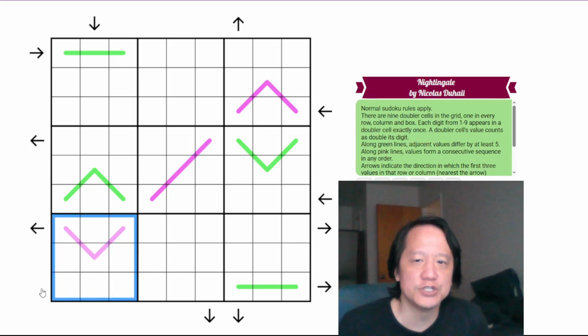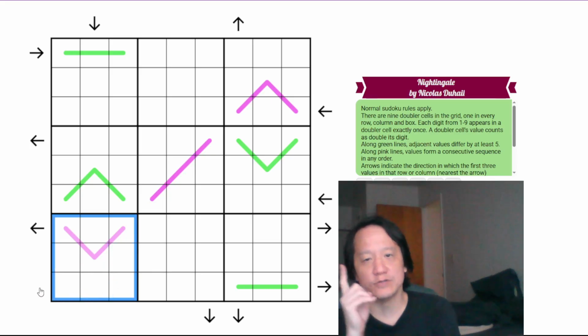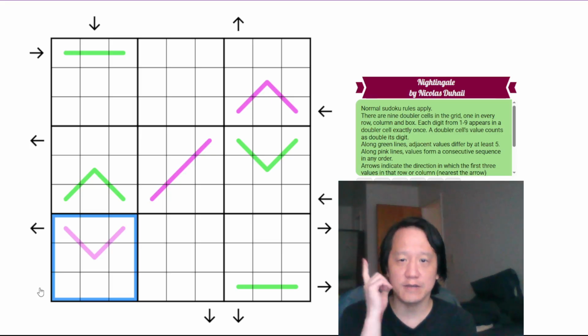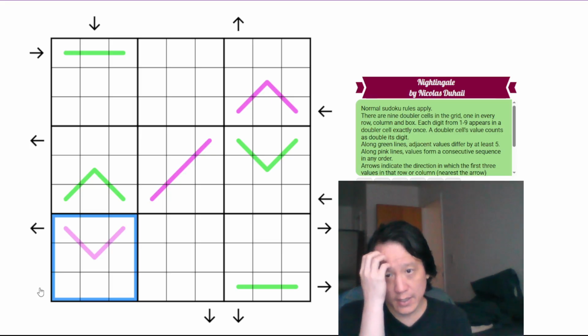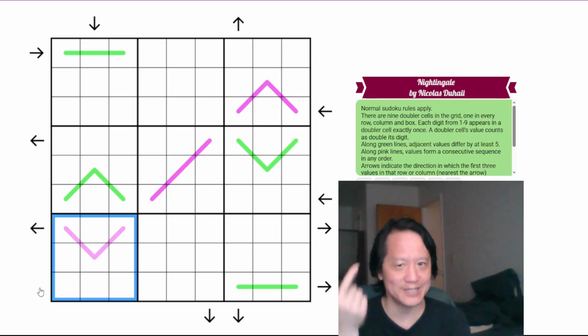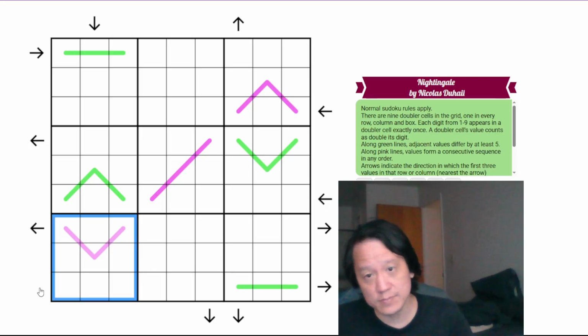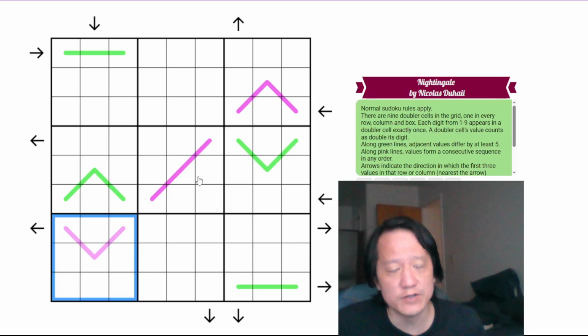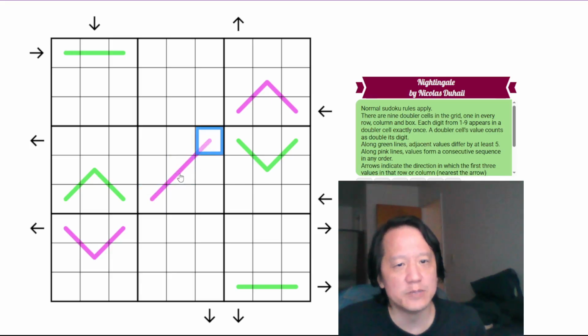Each digit from 1 through 9 appears in a doubler cell exactly once. A doubler cell's value counts as double its digit. So the value of a doubler cell is double its digit, and there's one per every row, column, and box.